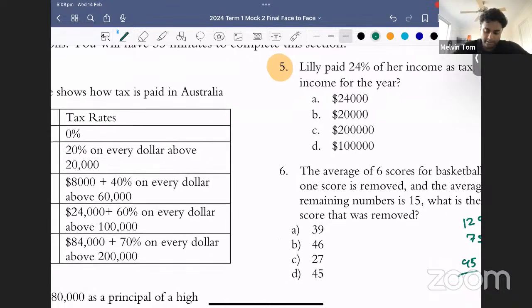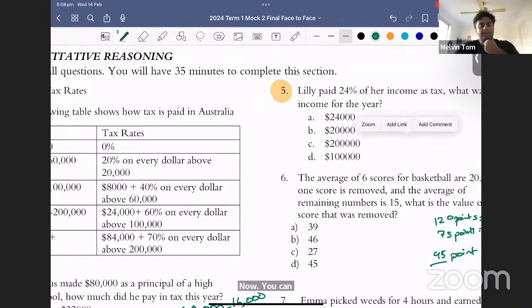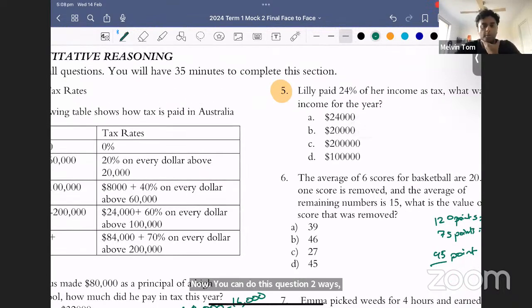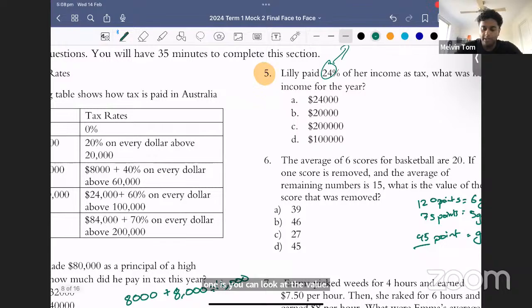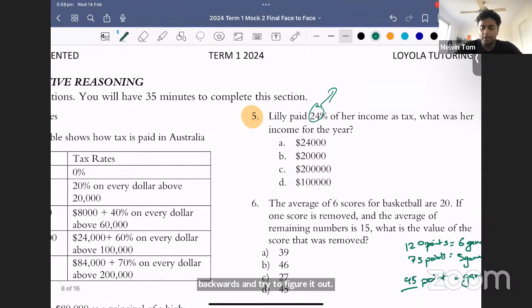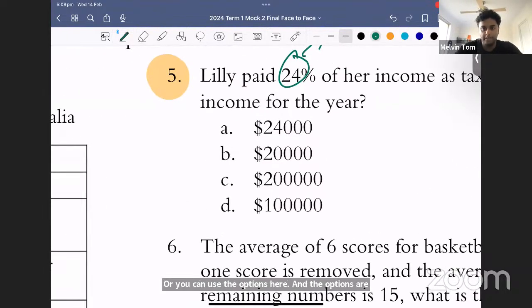Now, you can do this question 2 ways, Chanupa. Option 1 is you can look at the value itself, like 24 percent, and try to work backwards to figure it out. Or you can use the options here. And the options are actually fairly easy, where you can use common sense to quickly cancel some of these options out.